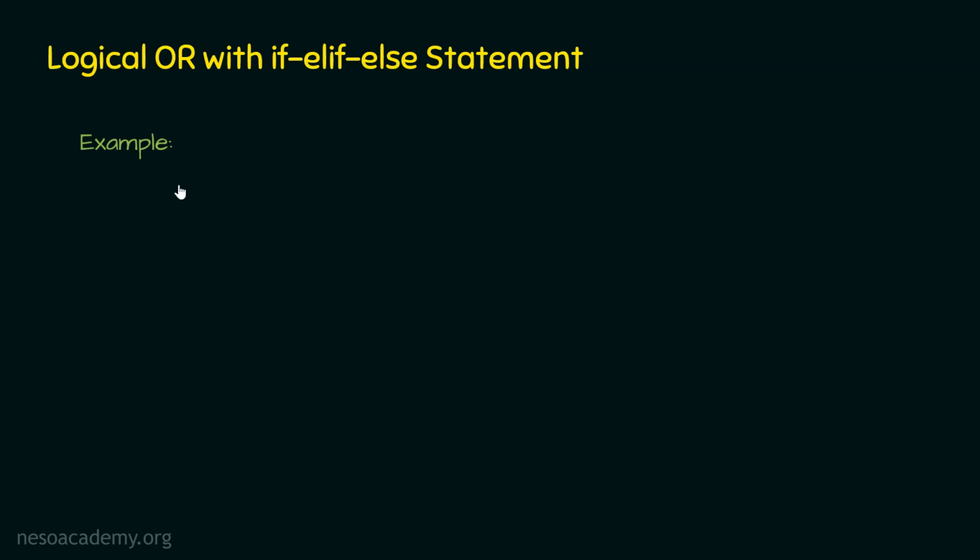So for this, we will check if today is Saturday or Sunday, then we will print it's a holiday. Otherwise, if today is Monday or Friday, then in that case we will print work 2 hours extra. Else if none of the conditions are satisfied, then in that case we must print normal work hours. So let's do this. Let's say that today is Tuesday and let's check this condition.